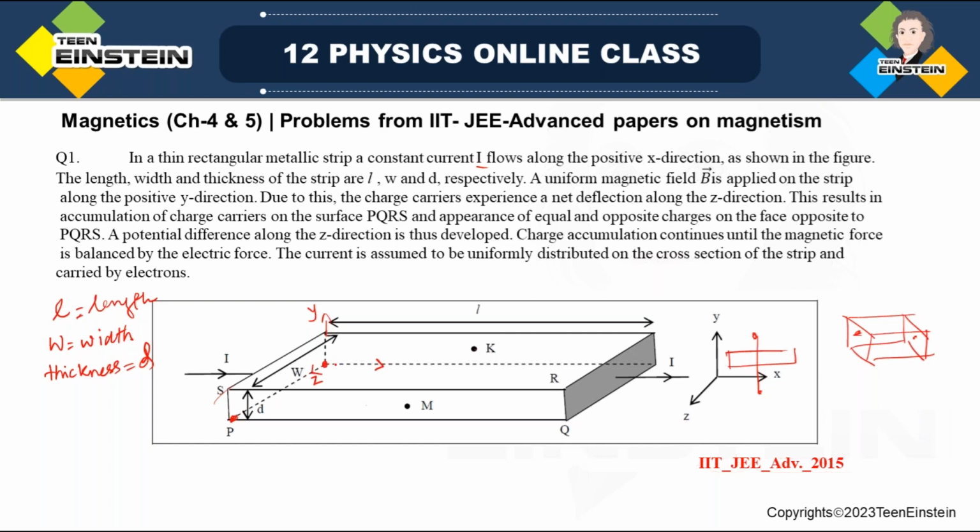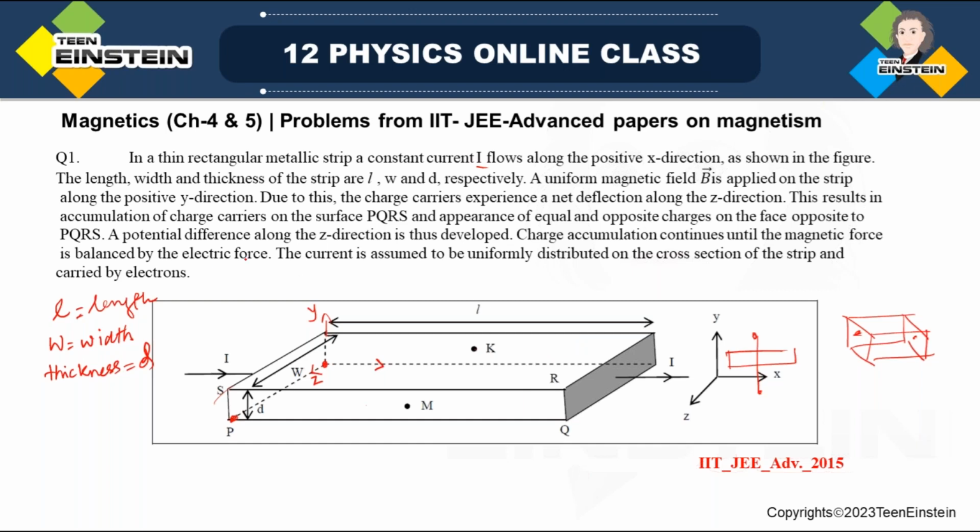So there will be a potential developed, because if there is positive charge all the way here and negative charge there, there is charge separation, and obviously there will be a potential between the opposite faces, and at the same time there will be electric fields also.